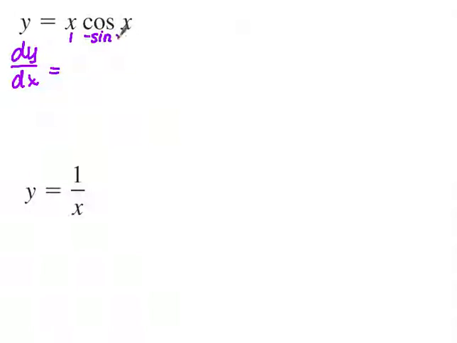Negative sine. So remember, basically all we do is multiply along the diagonals. Remember how we did that? So I'm going to take this times this. So I've got negative x sine x. Okay? Plus, along the other diagonal, what do I get? Yep, cosine x. And so then last but not least, all you need to do is multiply both sides by dx, and that'll be your answer.